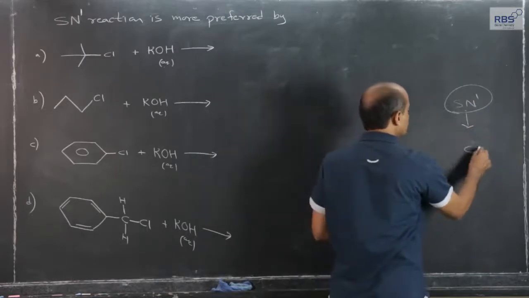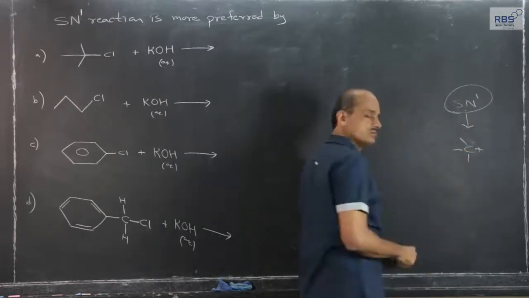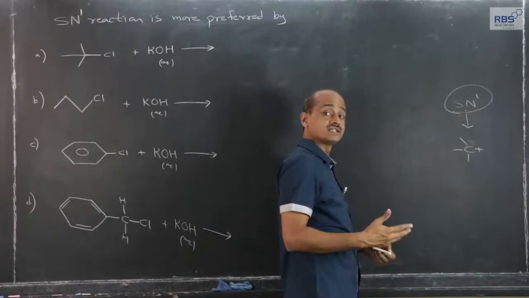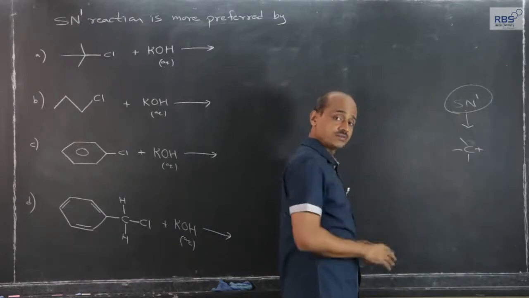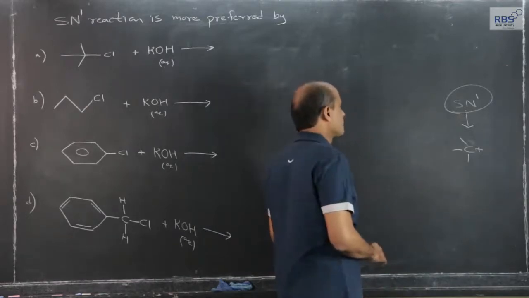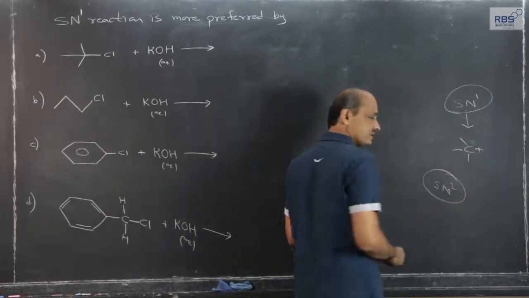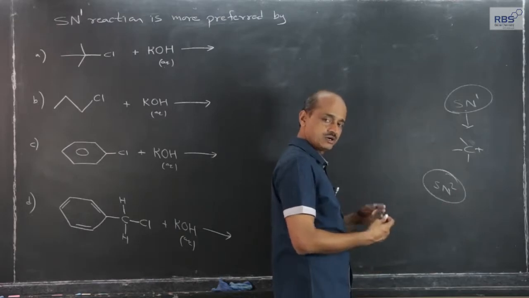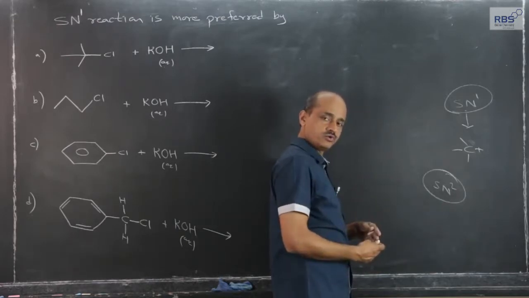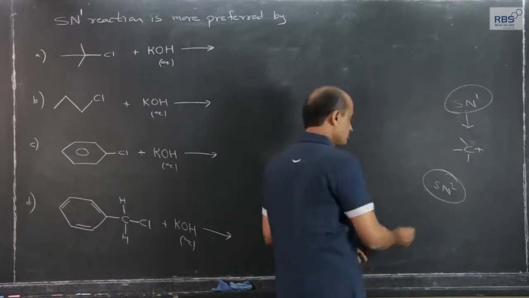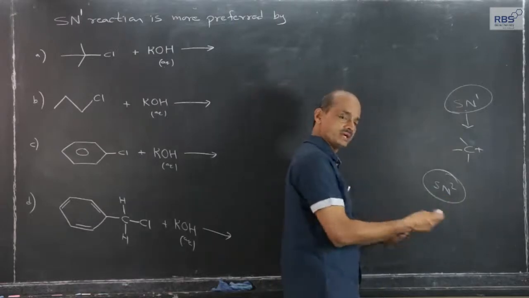First breaking gives rise to carbonium ion, and as we know, tertiary carbonium ion is more stable than secondary than primary. Hyperconjugation, we have studied that. And SN2, the first example, methyl bromide, simultaneous breaking of the old bond and formation of the new bond. It does not form carbonium ion.